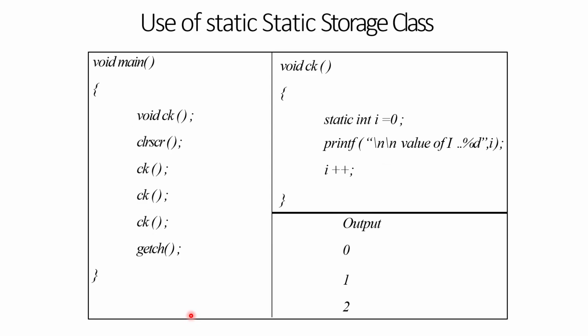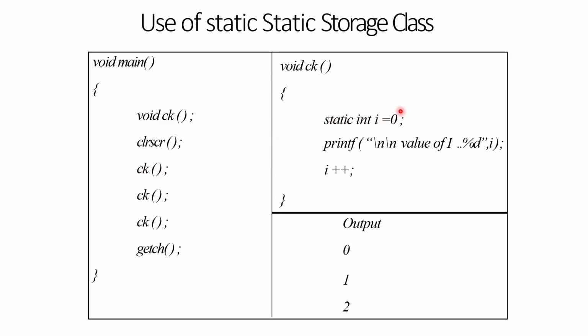We have the same program here, but the only difference is that while declaring variable I in the ck function, I have declared it as static int I. Execution starts from main, and this ck will get called.